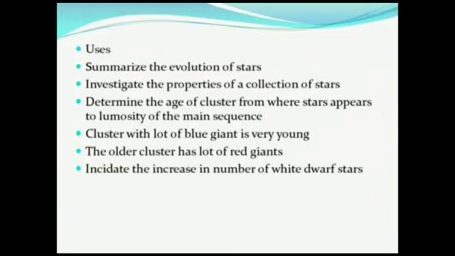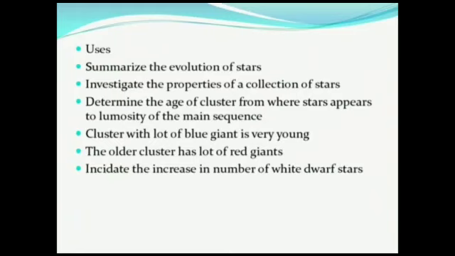Astronomers generally use the HR diagram to either summarize the evolution of stars or to investigate the properties of collections of stars, in particular by plotting an HR diagram for either a globular or open cluster. HR diagrams are valuable because they reveal important information about the stars plotted on them.